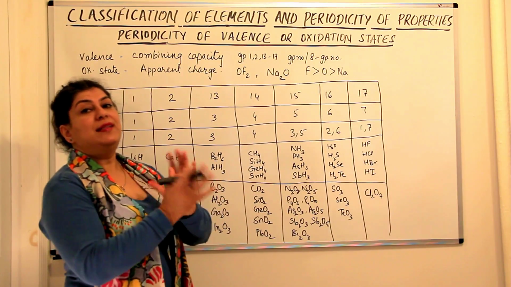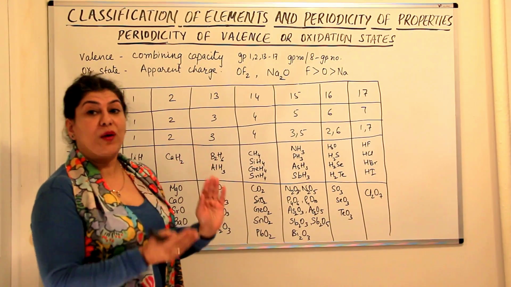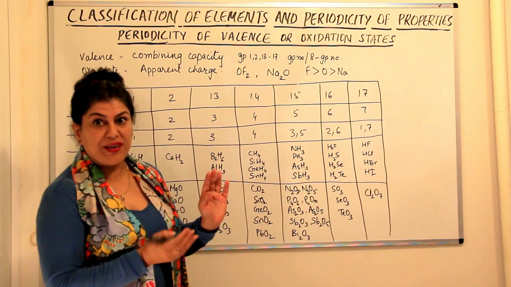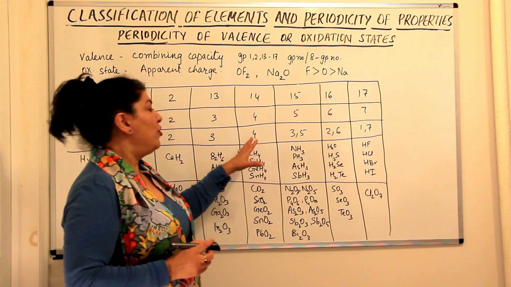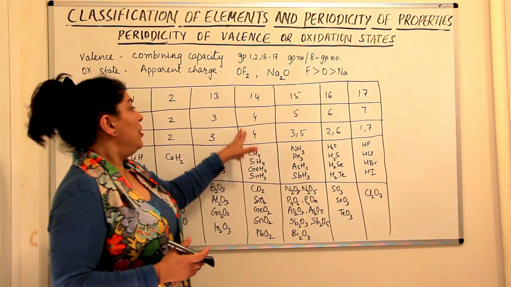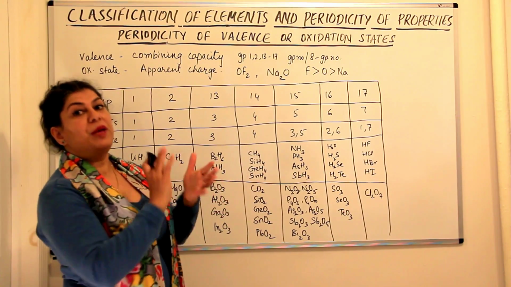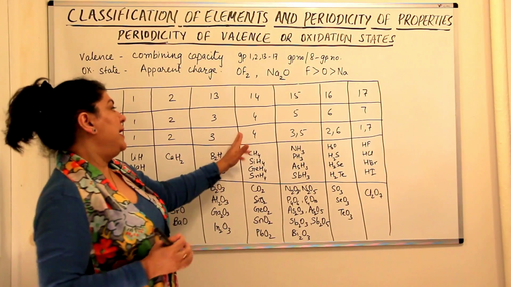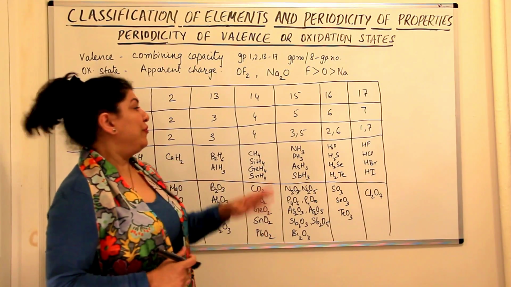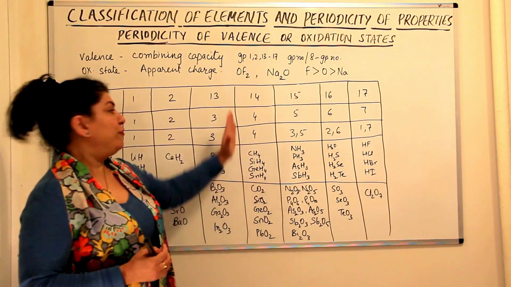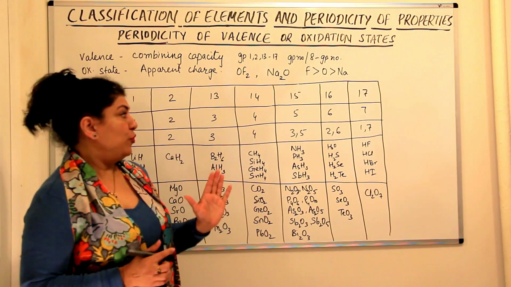Losing or gaining 1 electron requires energy, 2 more energy, 3 even more energy, and 4 is impossible. Therefore, the elements in group 14 do not lose or gain electrons, they prefer to share electrons. Hence they show a valency of 4, and 8 minus 4 would also be 4, so they have only a valency of 4.